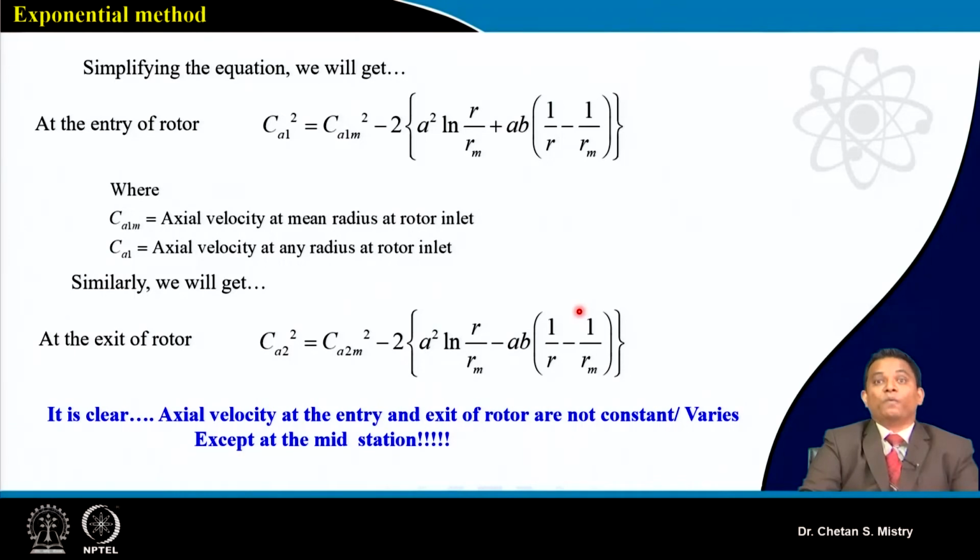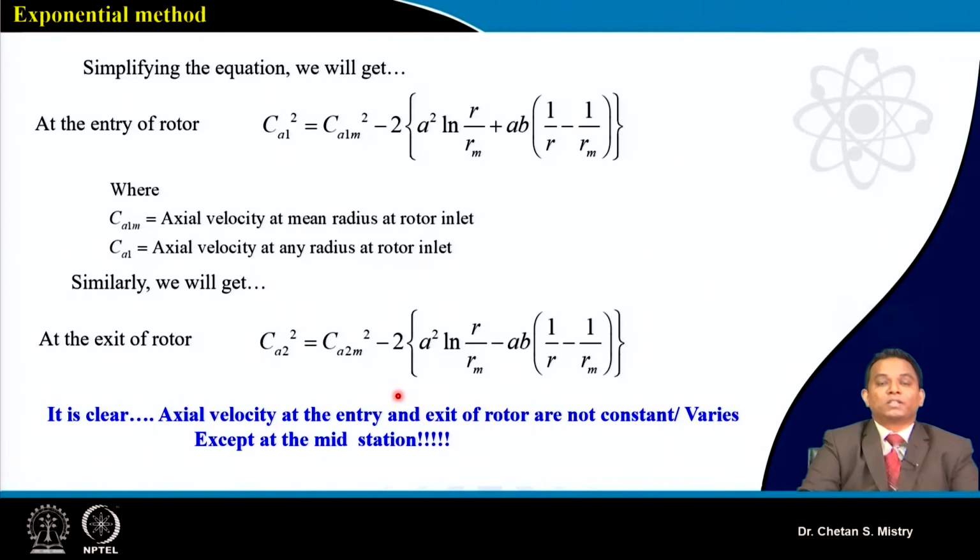What it says is that we do not have satisfaction of our radial equilibrium. What is the reason? Because my axial velocity at the entry and exit does not remain constant, it is varying. And that is not satisfying my radial equilibrium equation.